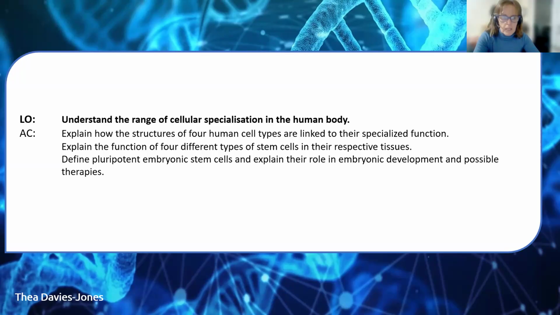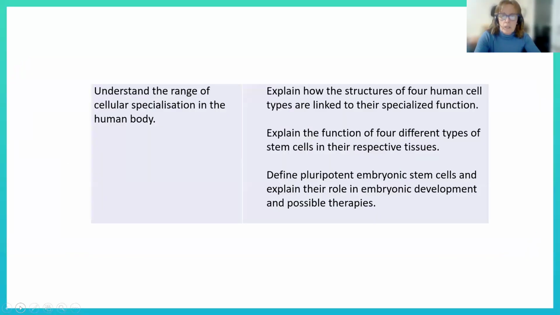So we're going to have a look at some of the cell types. There's 4 different main types that we're going to consider. And these give rise to 4 different tissue types that we'll look at as well over the next couple of sessions. So we're going to explain how the structures of the 4 human cell types are linked to their specialized functions.